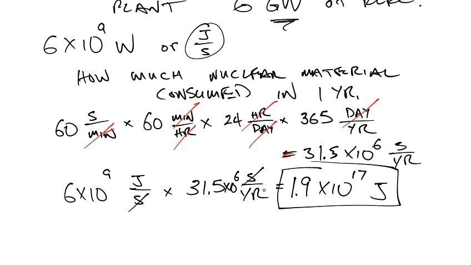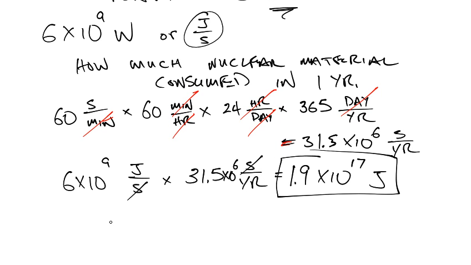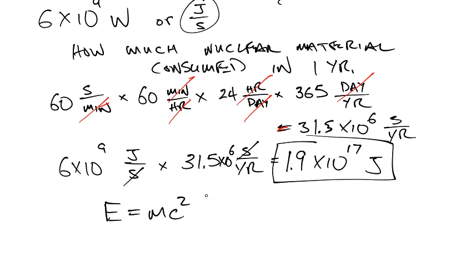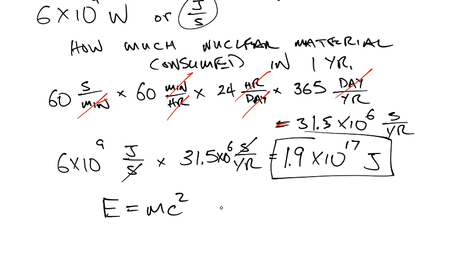Question is now, how much mass does that translate into? Well, in order to do that, we're going to have to get the equation E equals mc squared, probably the most famous physics equation. And we're going to solve for mass, because this, of course, is the energy. We've already calculated that. In order to solve for mass, we rearrange the equation with a little bit of algebra, and we say m is equal to E divided by c squared.